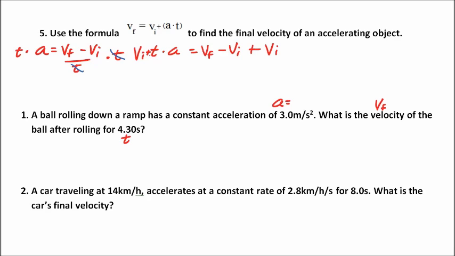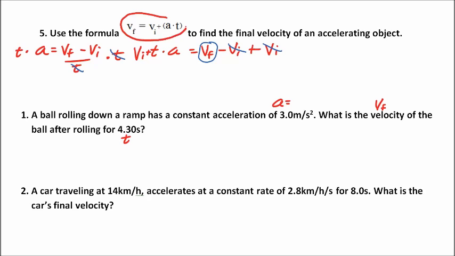So what does that do? Well, it gets rid of the initial velocity there. And our new equation says, watch this, final velocity, V sub f, is equal to acceleration times time plus initial velocity. And that's the equation that you see right here.